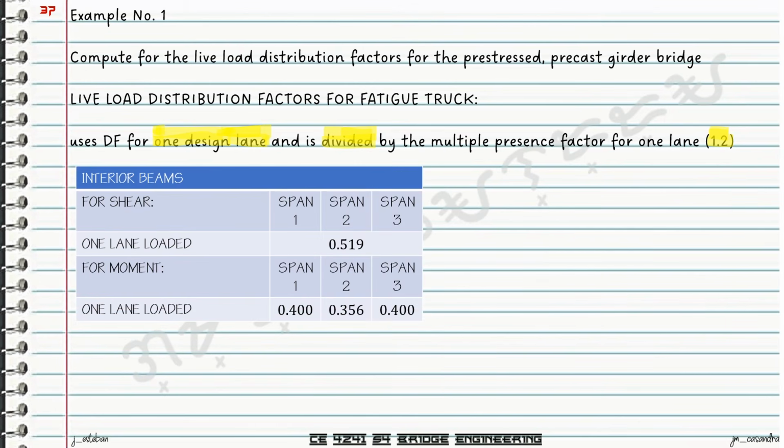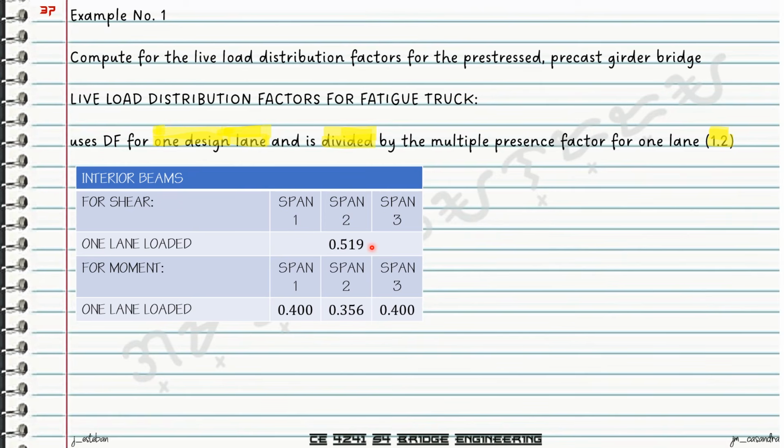So for interior beams, for shear, this is taken as 0.623 divided by 1.2. For moment of span 1 and span 3, for interior beam, the fatigue limit is taken as 0.649 divided by 1.2, which is equal to 0.4.